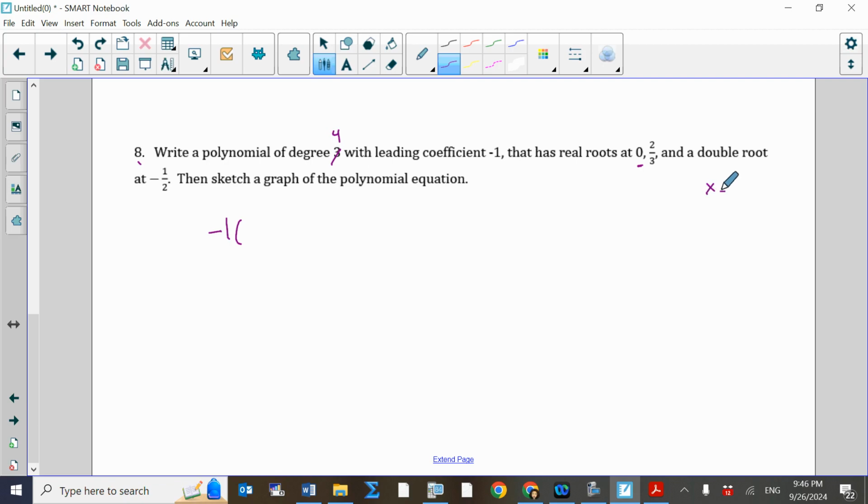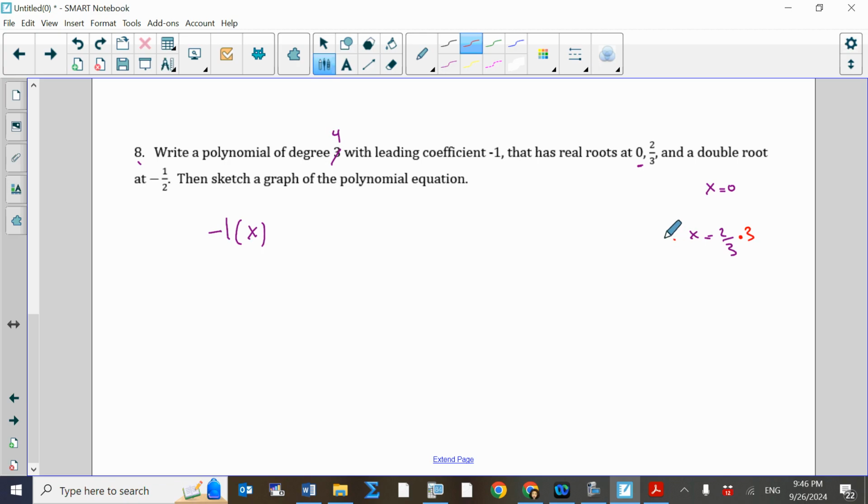That means this is the root. What is the factor that created that? Itself. It's just x. So I'm just going to write x here. For x equal to 2 over 3, what was the factor? So I'm going to undo this and go backward to see what is the factor that created this root.